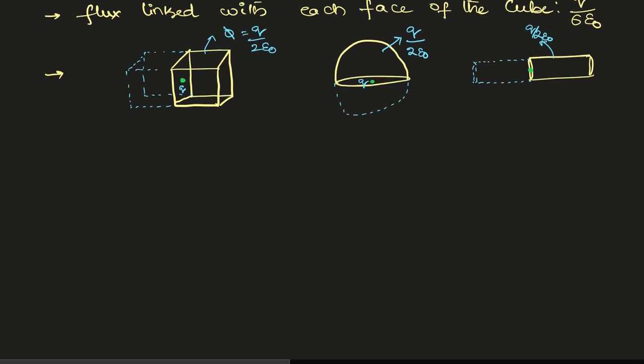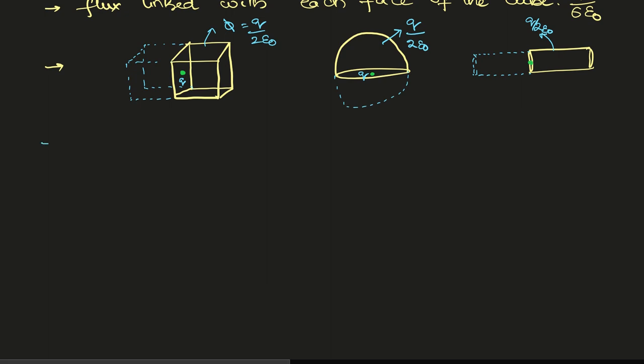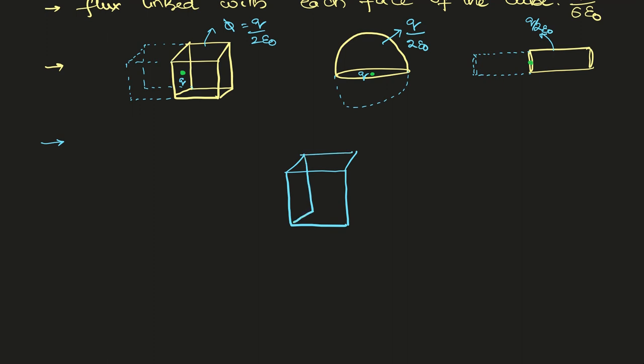And then after this, one more example will be there like this. Just look at this. If you are given a cube and a charge is placed at one corner of the cube like this, what is the flux linked with this cube, they will ask.